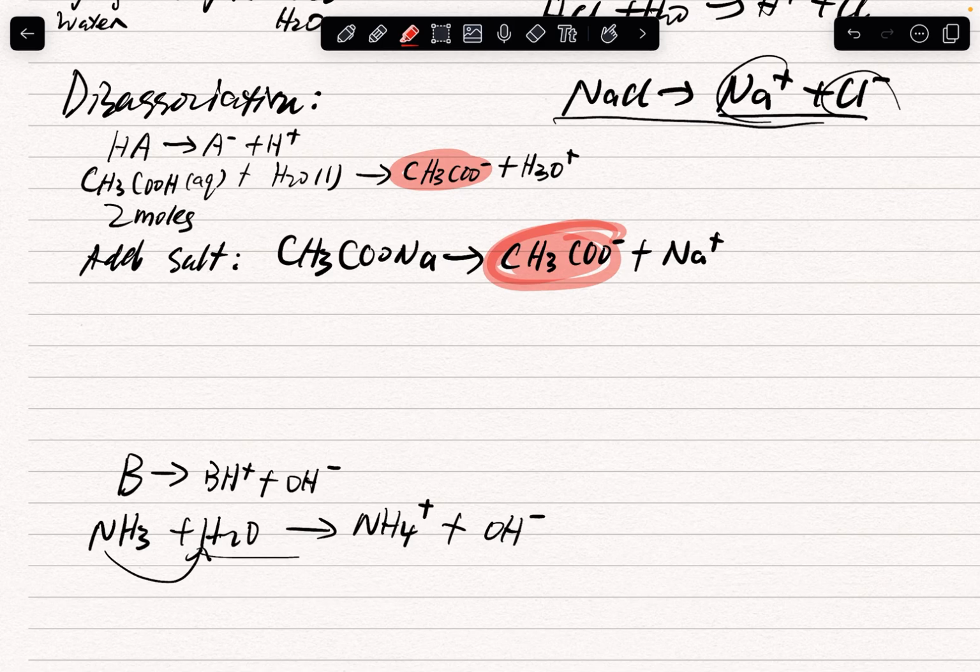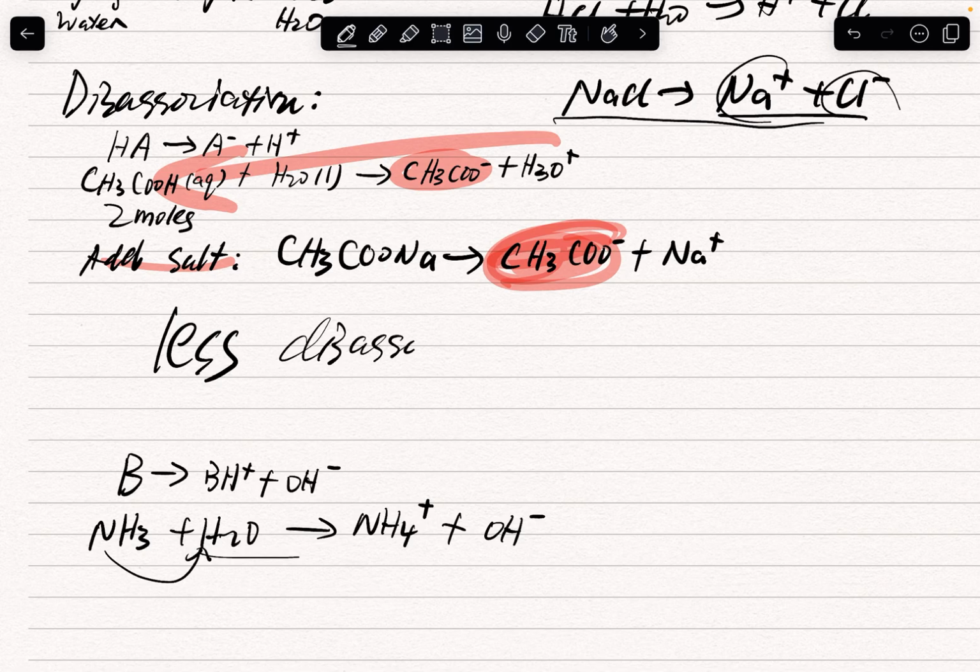So Le Chatelier's principle doesn't know that it's the salt causing the product to increase. It just knows that there's more of my product. So Le Chatelier's principle is just going to push the reaction towards the left side. In other words, adding salt really caused less dissociation of my weak acid.